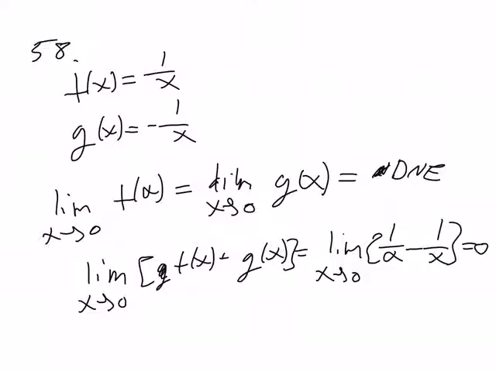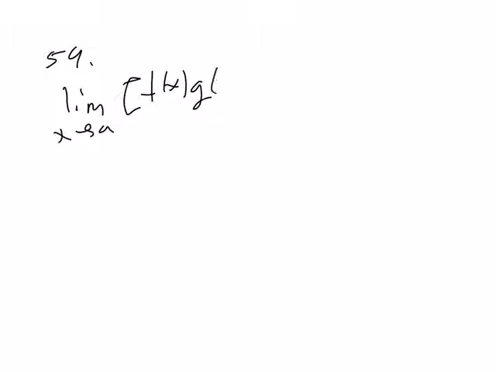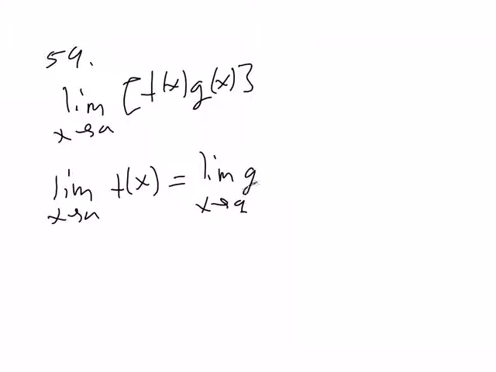Okay, next problem. Now I'm going to do problem 59, and it says, show by means of an example that the limit as x approaches a of f of x times g of x might exist, even though the limit as x approaches a of f of x and the limit as x approaches a of g of x do not exist.